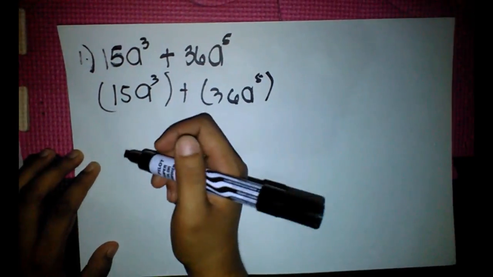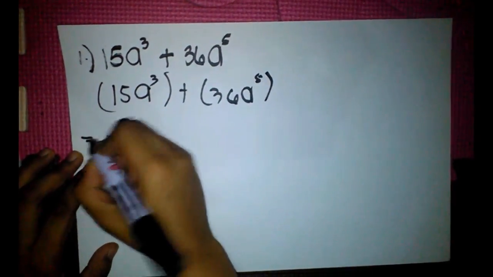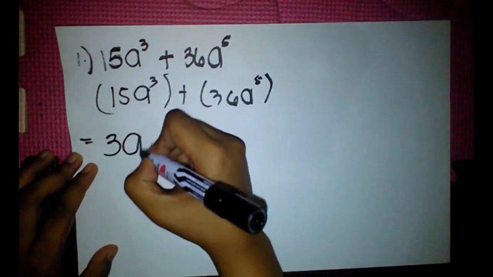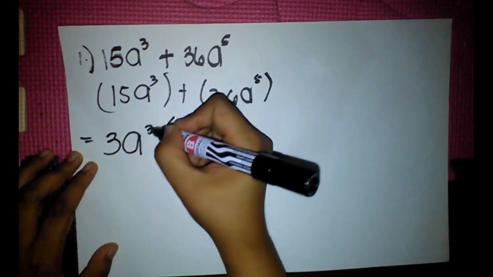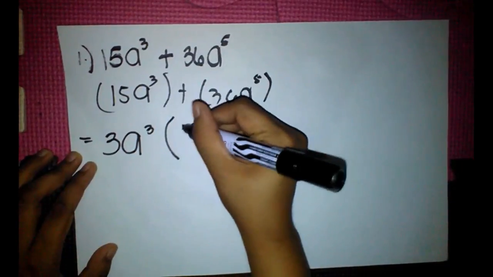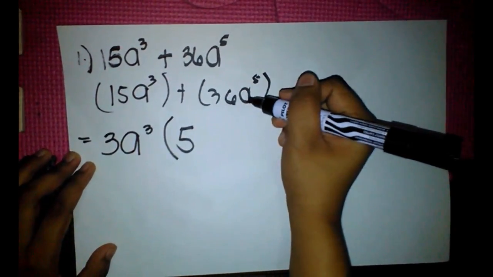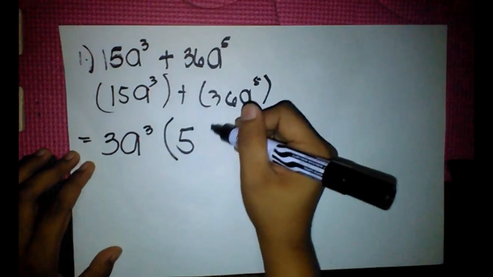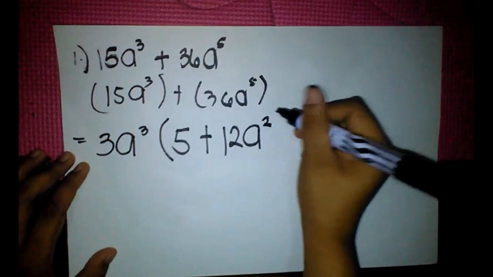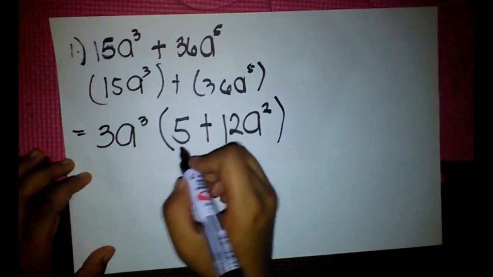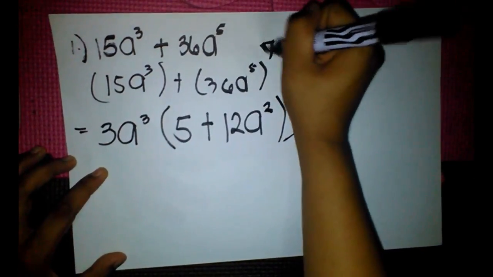And we have 3a cubed as their greatest common factor, so we put it here. 15a cubed divided by 3a cubed is 5, and 36a to the fifth divided by 3a cubed is 12a squared. If we multiply this, we equally get the same equation.